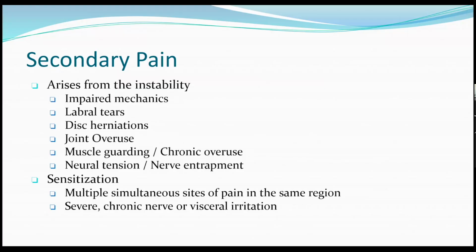Labral tears in the hips. If the hip is hypermobile, if the ball is not stable in the socket, it will tug and tear and pull at the labrum, or it'll pinch the labrum, and those will tear and degenerate. Disc herniations in the low back, joint overuse, which I kind of mentioned in impaired mechanics. But when we think of joint overuse and hypermobility, it's not like the entire joint is equally overused.